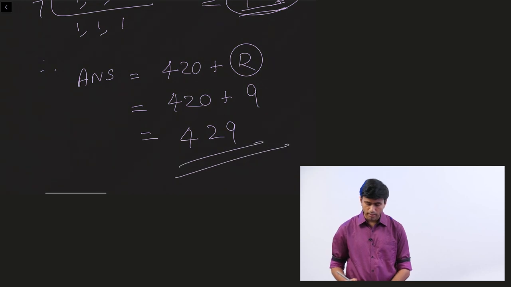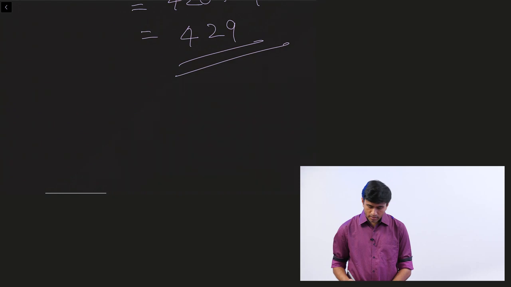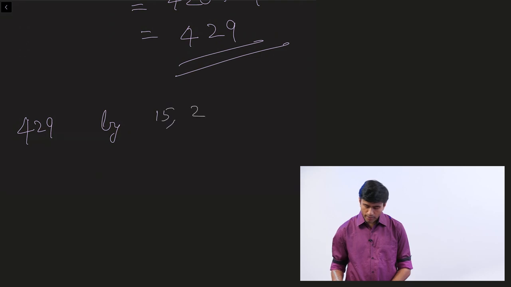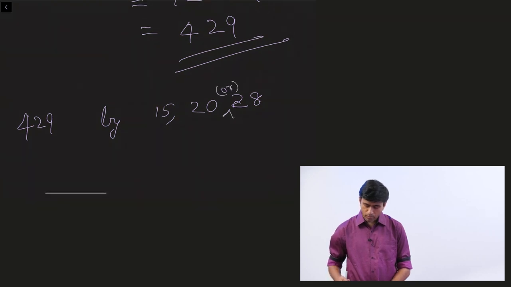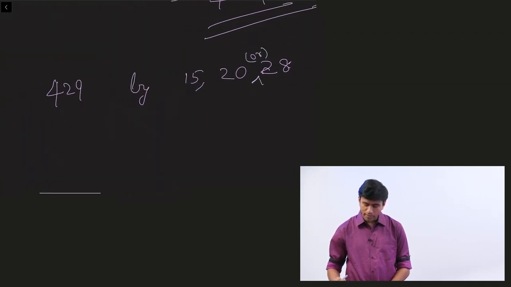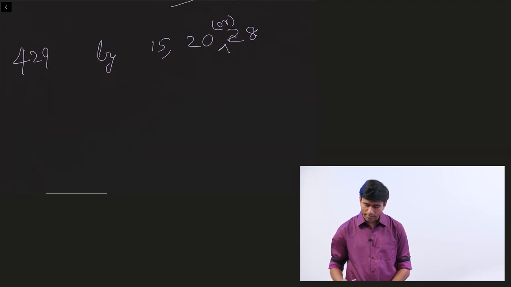That's your answer. Let's just check. 429 when divided by 15, 20 or 28, let's see what the remainder is.